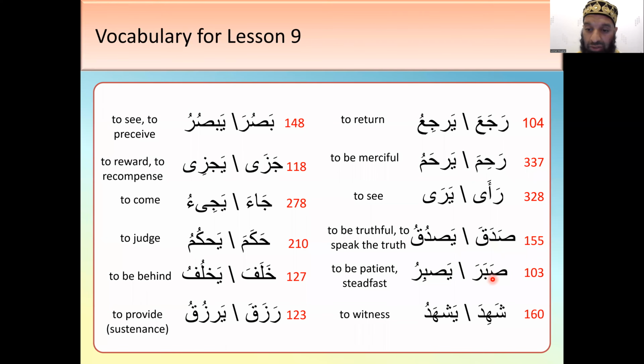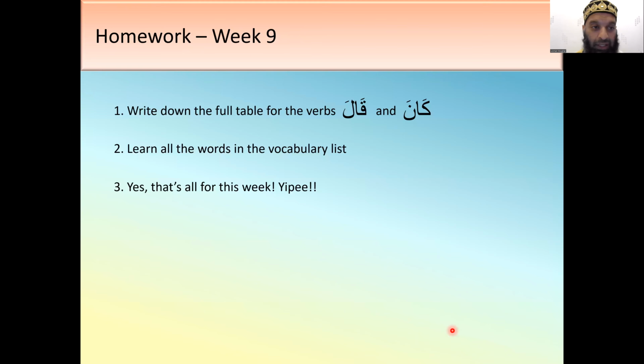Sabr, patience. That's where we get sabrun from, which we just did in last week's vocabulary. So sabara yasbiru, to be patient, steadfast. Shahida yashhadu, to witness. Okay, so that's that. Learn them.